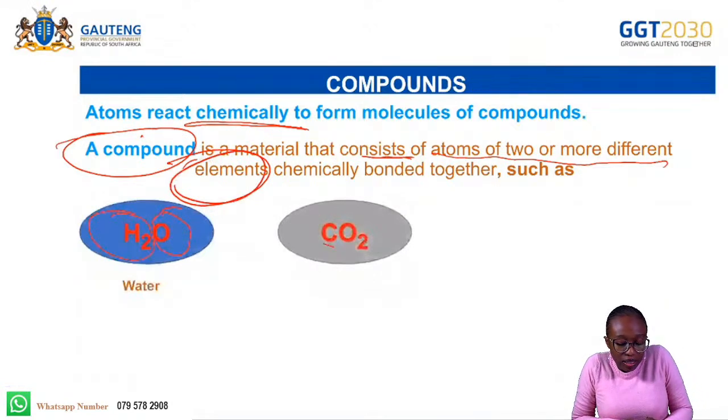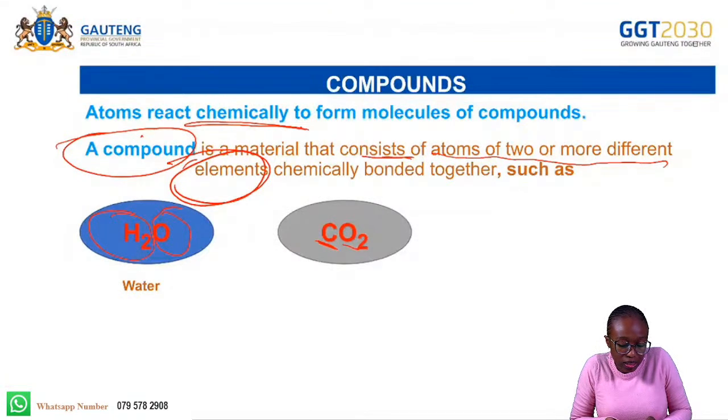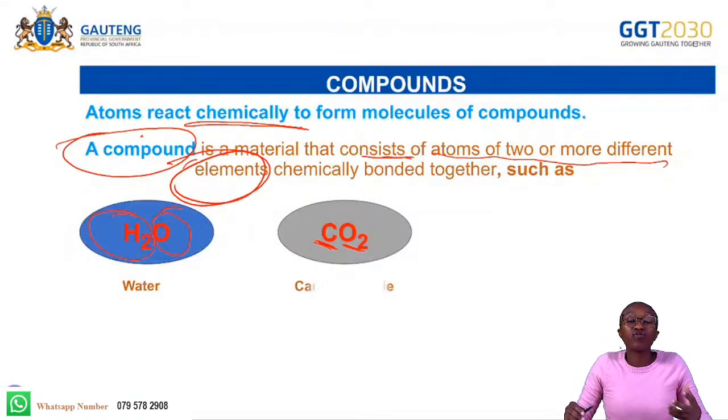Remember, C is the chemical symbol for carbon, right? This carbon atom is bonded to oxygen atoms, forming a compound called carbon dioxide. We have an atom of carbon bonded to two atoms of oxygen.